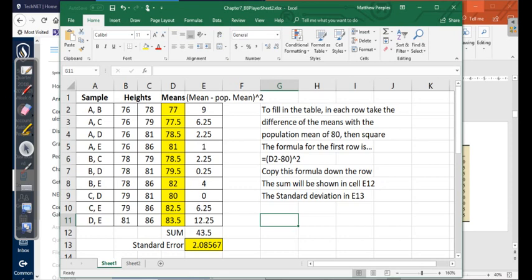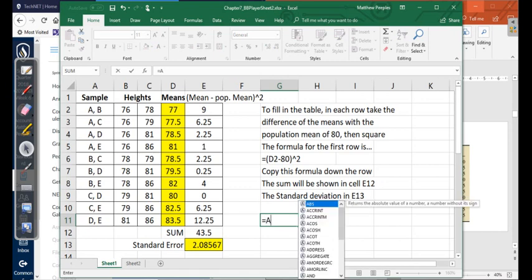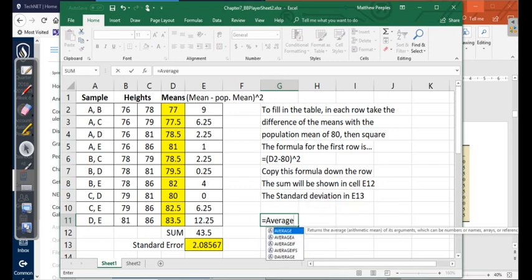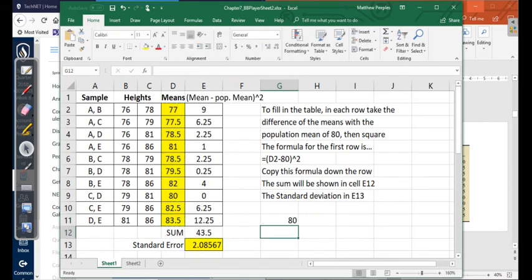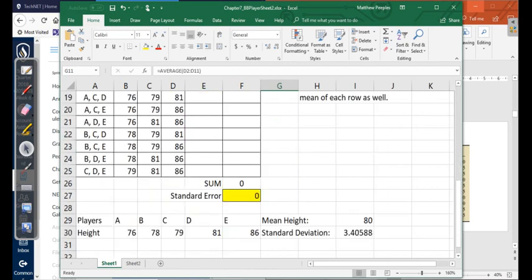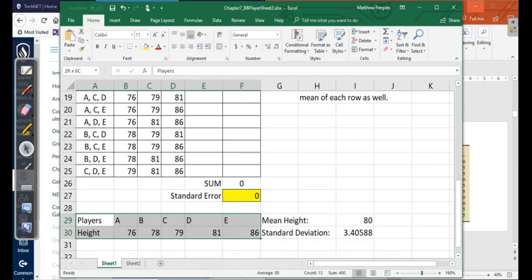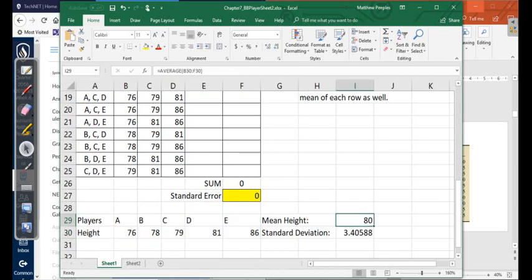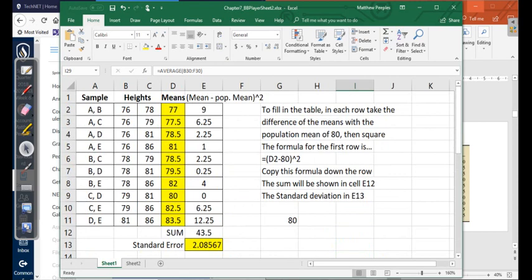Let's take our average of the entries in column D here of our table. And there it is. That is the mean. Well, if we went back and looked at our players and their average height, the mean height is in fact 80. There is a standard deviation for these sample means.